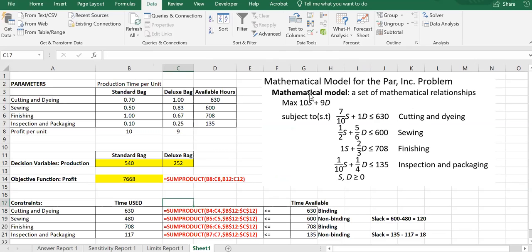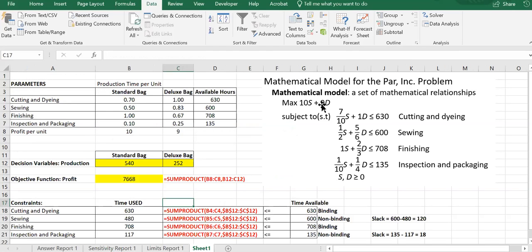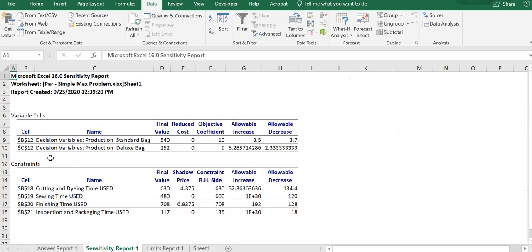In the first table, we're talking about these two, 10 and 9, what happens if these two change? And in the second table, we are talking about the right-hand side vector. So the first table should have 2 rows. The second table should have 4 because we have 4 constraints, 2 decision variables.